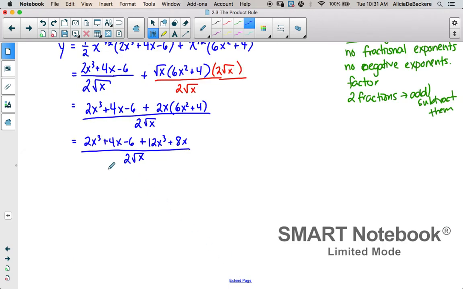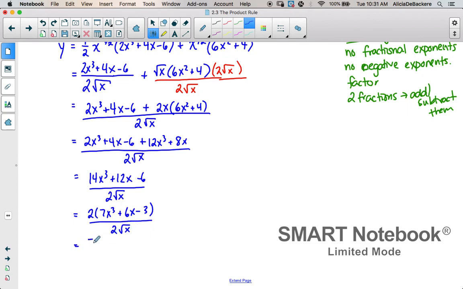And now I'm going to collect like terms. And at this point, hopefully you see there's a common factor. If you didn't see it before, we're going to pull out that common factor of 2. And cancel out those common factors of 2.